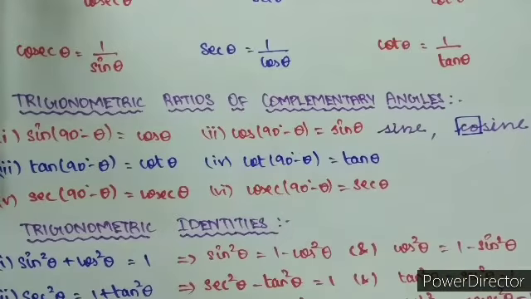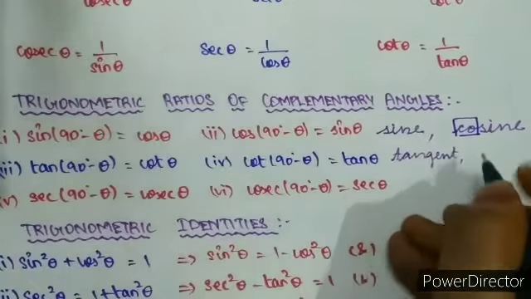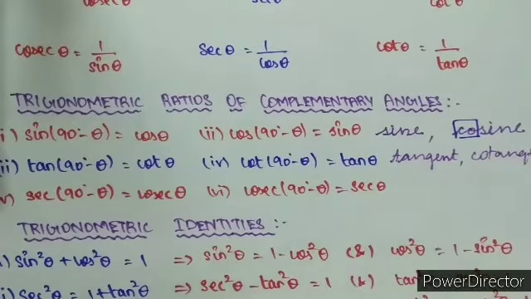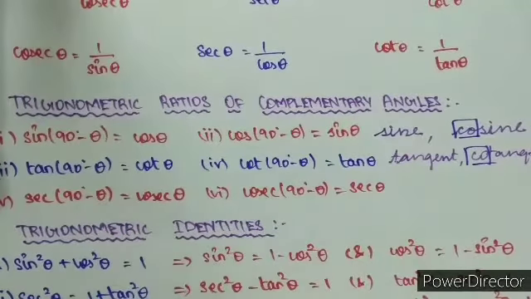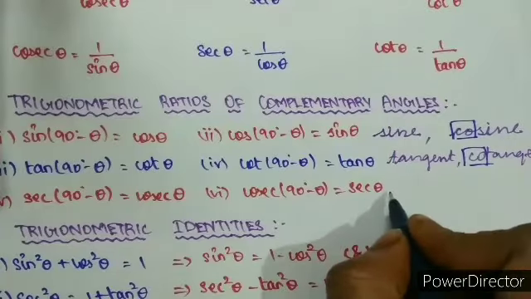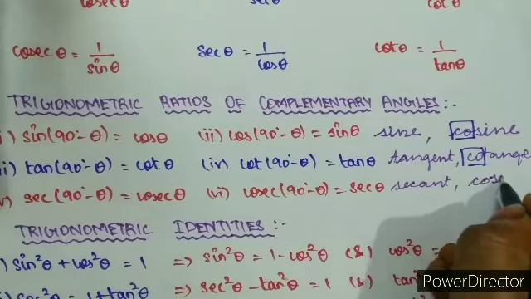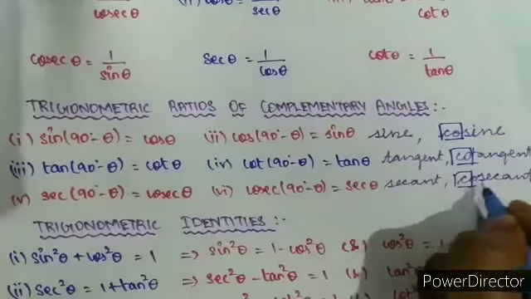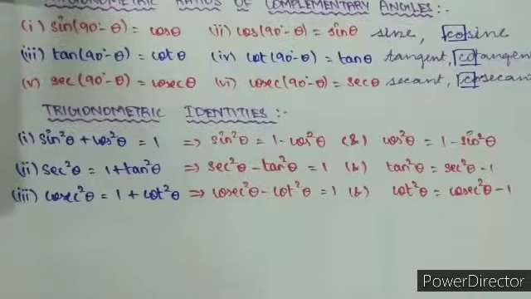Similarly, tangent and cotangent form the complementary pair, that is tan and cot. Similarly, secant and cosecant form the complementary pair. This is how you can remember that easily.